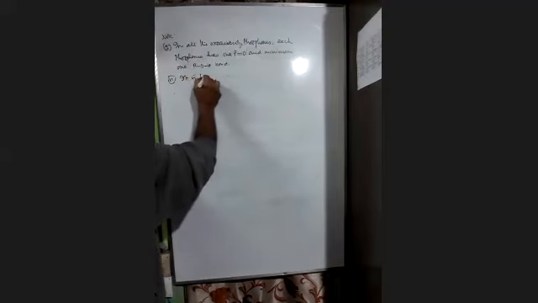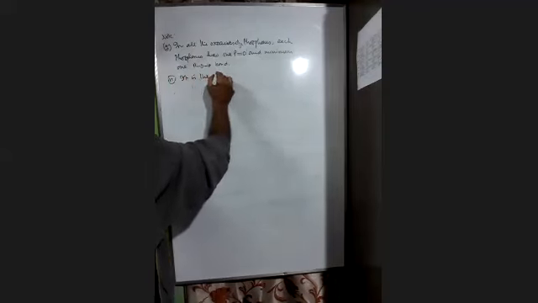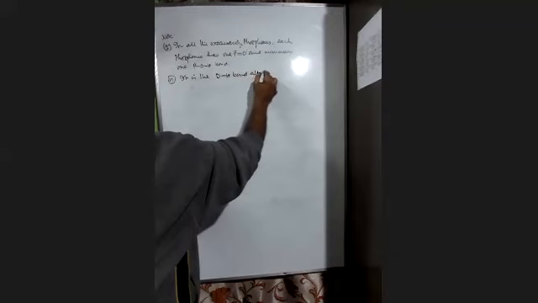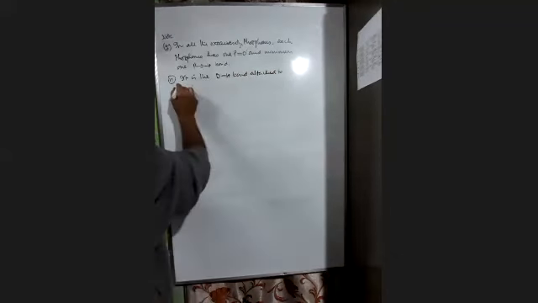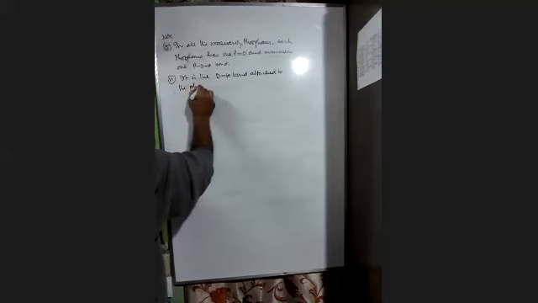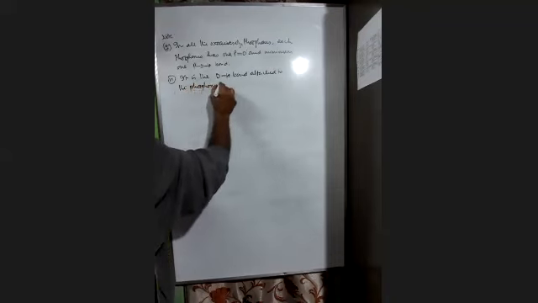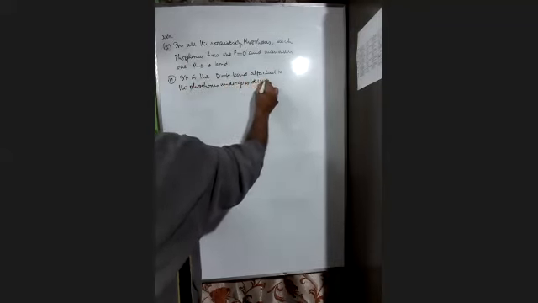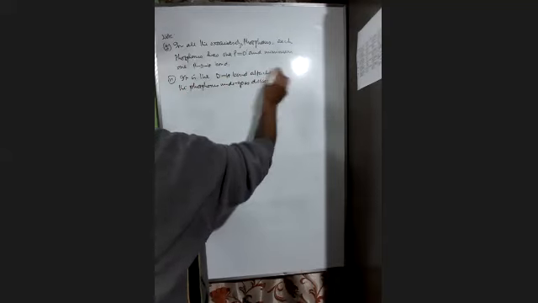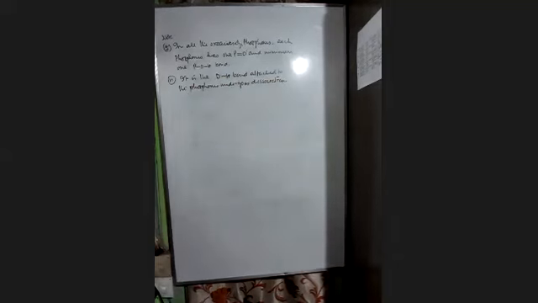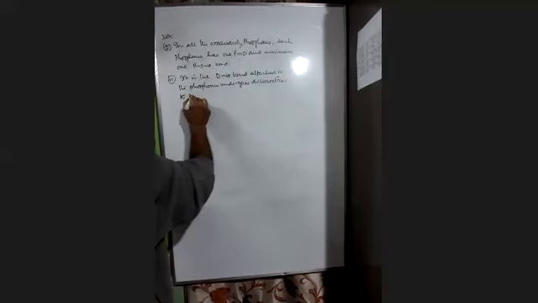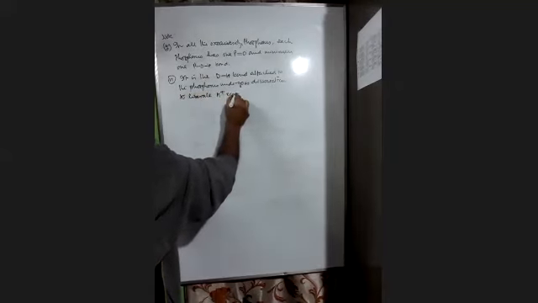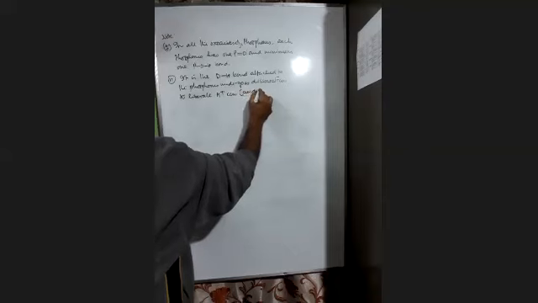the OH bond attached to the phosphorus undergoes dissociation to liberate hydrogen, means acidic.